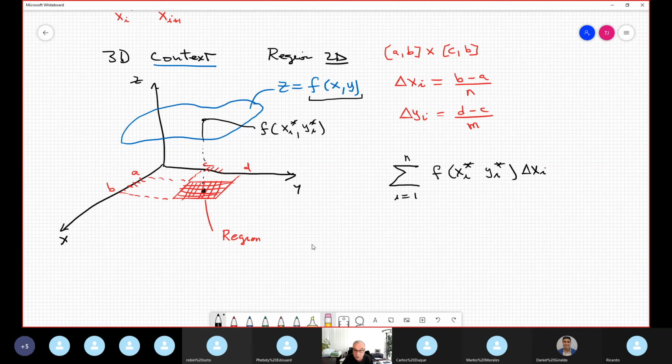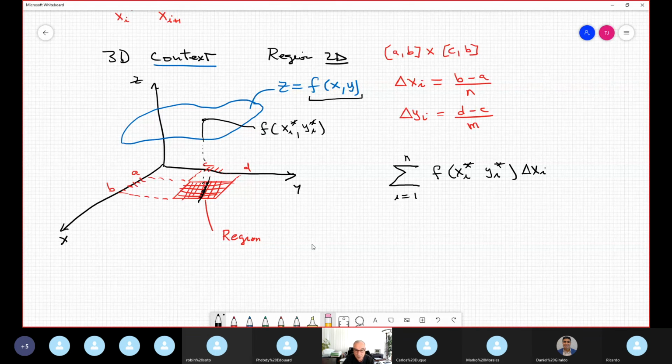However, we have another summation. Another summation because the region is two-dimensional, no? So, for example, you navigate in X. So you add this rectangle plus this rectangle plus this rectangle. This is the X direction. But you need to cover the entire region.